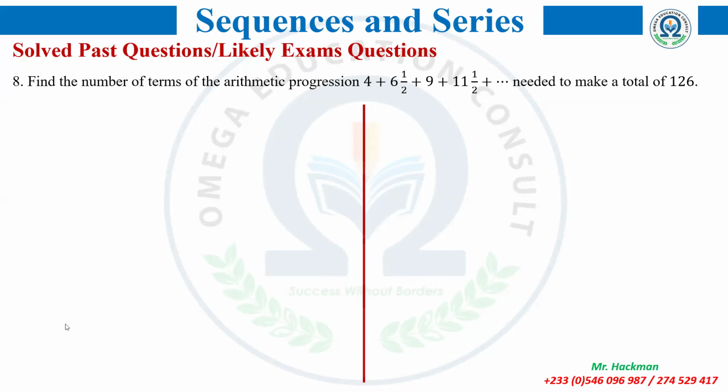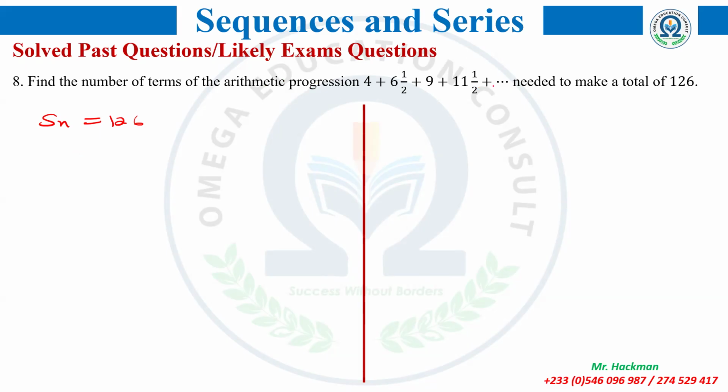Is my point well made, my professors? Yes, sir. Okay, so please, I'm only guiding you. To make a sum, it means S sub N. I don't know my N, because I need to find it; S sub N is equal to 126. I'm dealing with an AP, but I know that for an AP, S sub N is given by which formula?